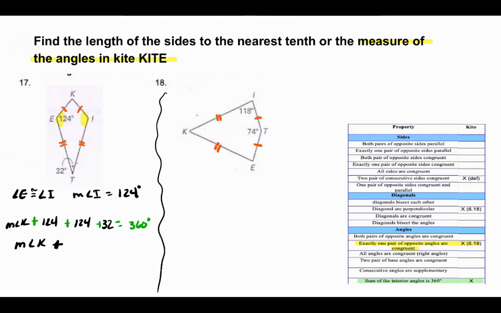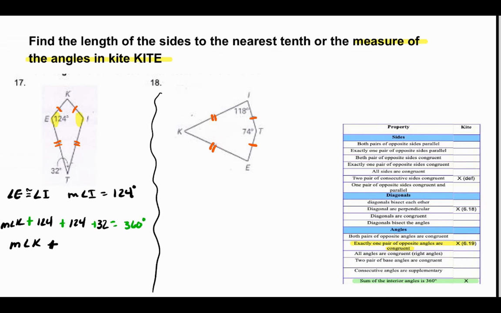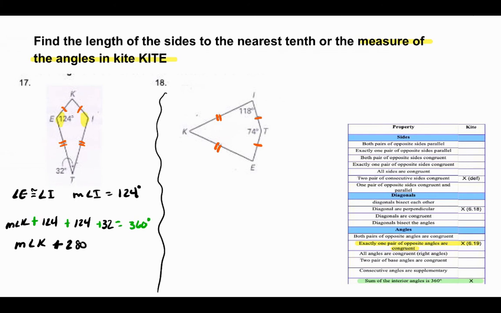So we calculate to get 280. And when we subtract, the measure of angle K ends up being 80 degrees.